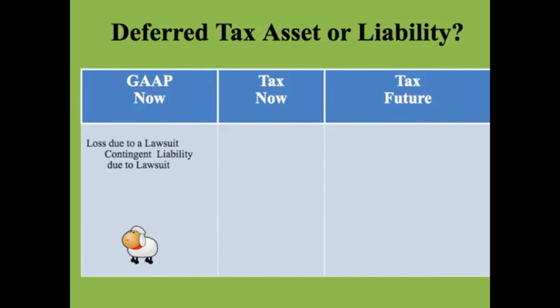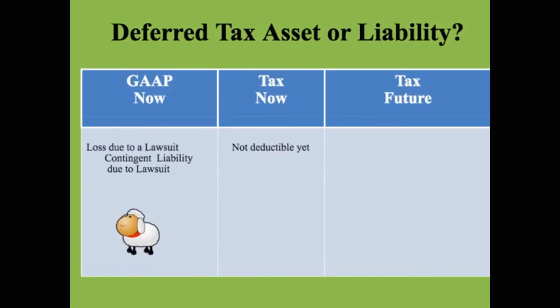So loss will obviously create a lower net income right now on your books. However, if you take a looks return, the IRS does not allow you to deduct the loss until you actually pay it in cash. So there's no difference right now on your tax return. Let's take a look in the future.